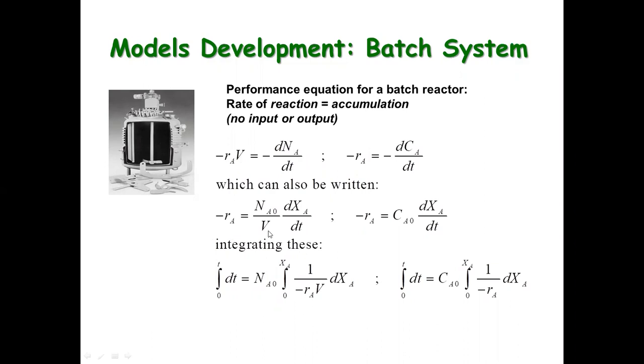The V was transferred here, so there was division by V. This particular NA0 dXA is actually your dNA, which is NA0 times the quantity 1 minus XA. I leave that to you as an exercise, because it's the same thing as if you change the CA here to NA, and this will be the resulting set of terms on the right side of your equation.